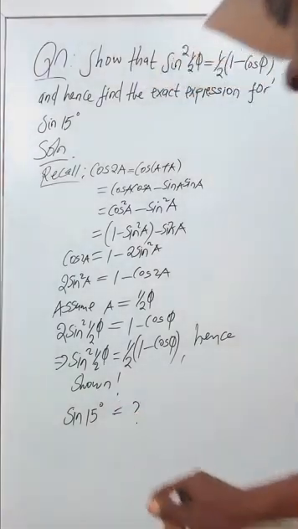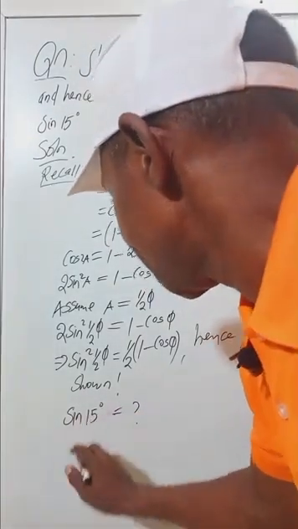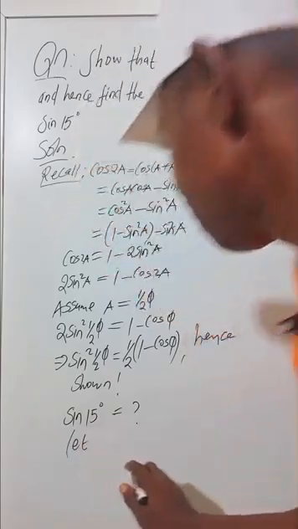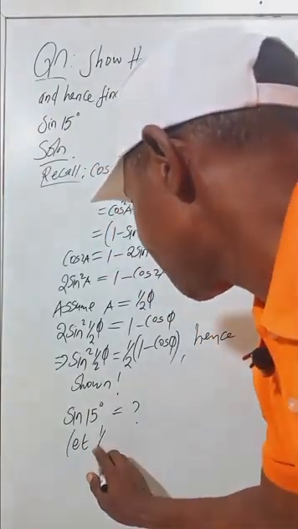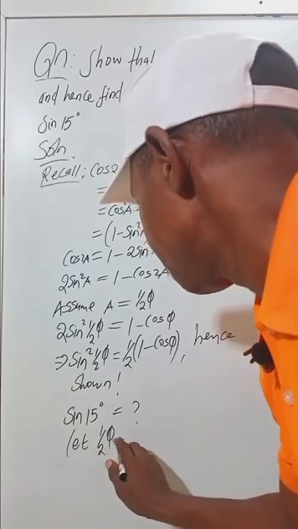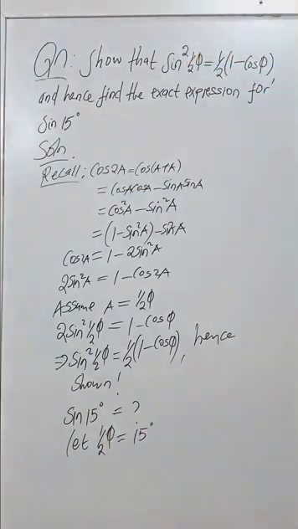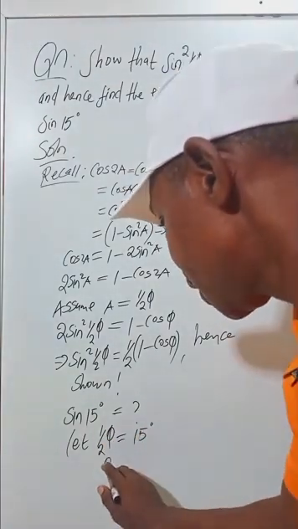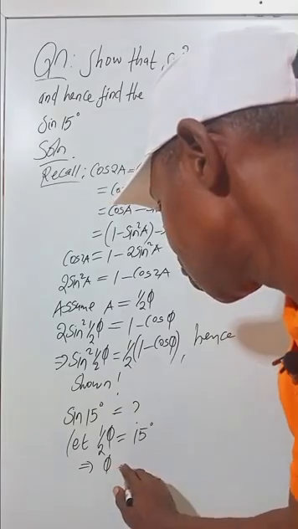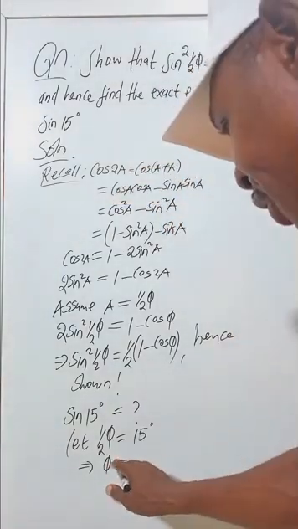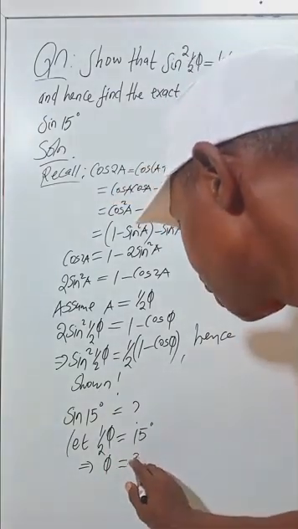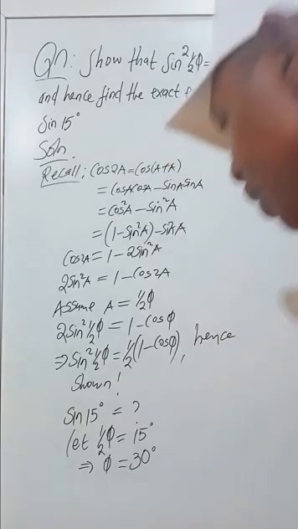For this particular case, we can say let a half phi be equal to this angle, 15 degrees. Multiply both sides by 2, we shall have phi equal to 30 degrees.